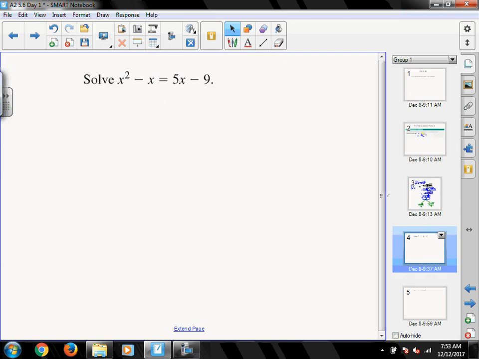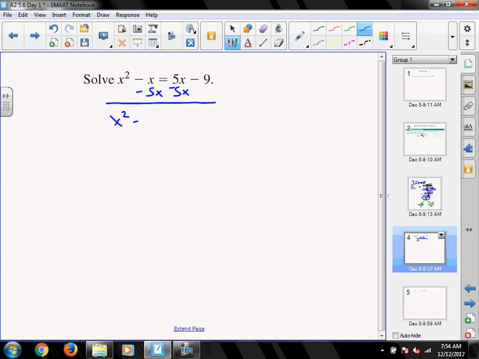The next one, again, we don't have our equation equal to 0. So we need to get this equal to 0. So I'm going to subtract my 5x over. I'm left with x squared minus 6x equals negative 9.